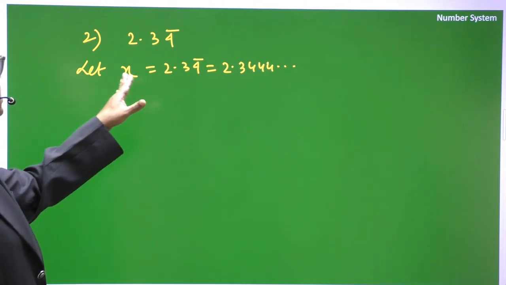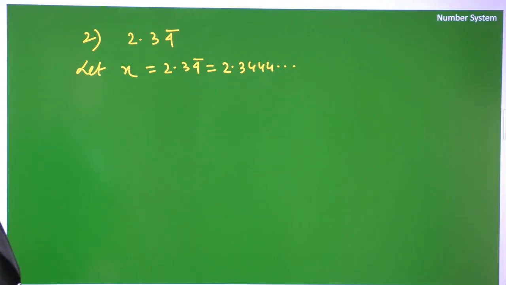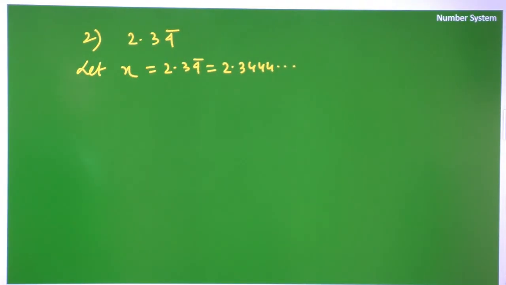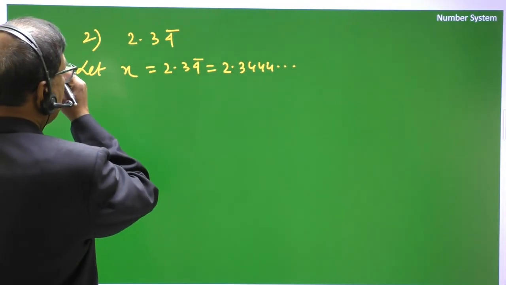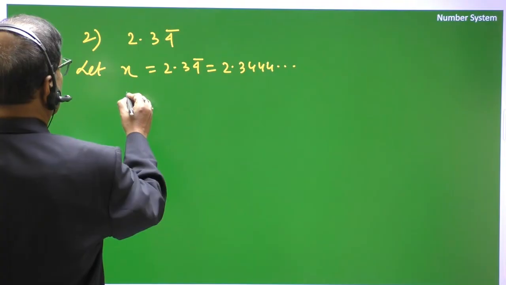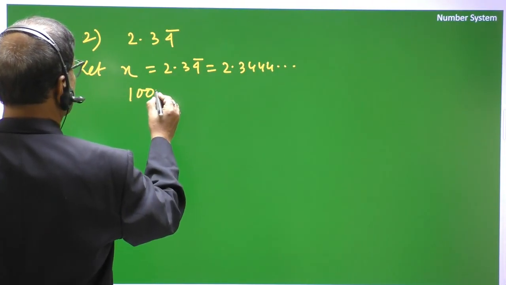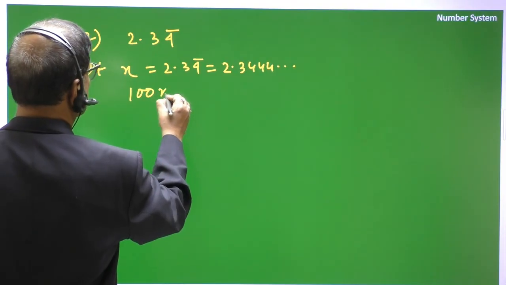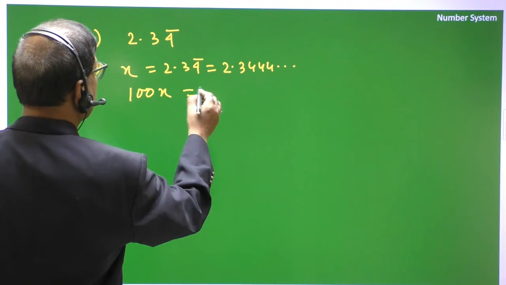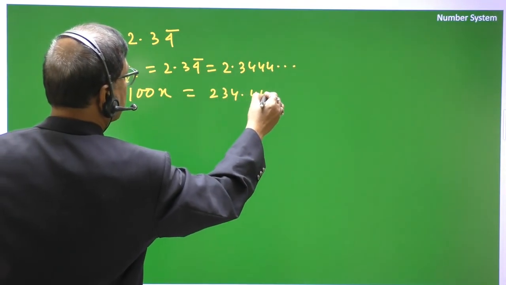Now what is the technique here? First we will multiply this by 100. Why by 100? Because after the decimal point there are 2 digits here. So that's why we will multiply by 100. So 100x. What will it be if I multiply by 100? 234.44.